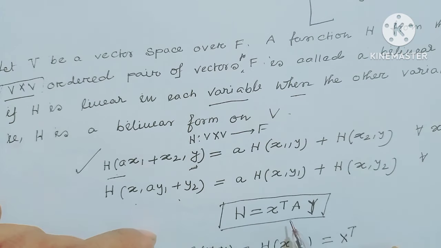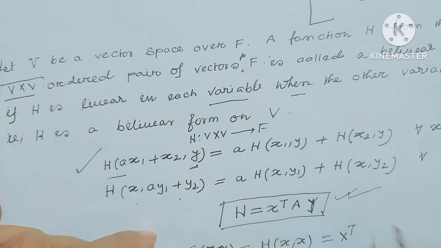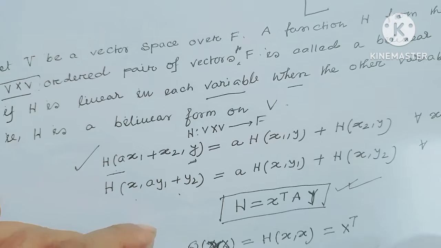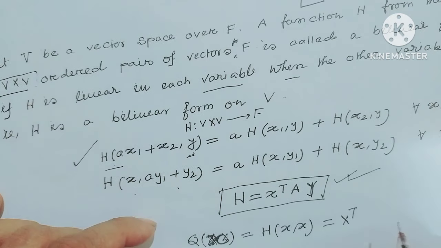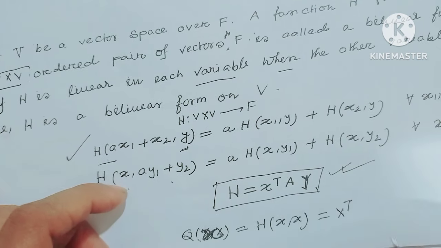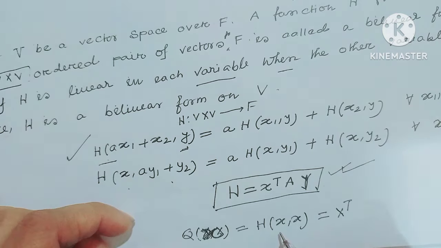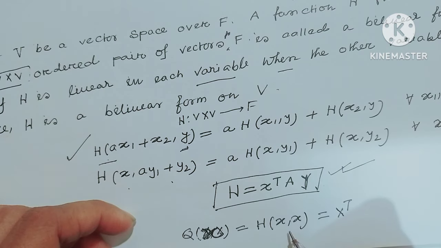Example: A(x, y) = x transpose Ay. This is the bilinear form, and the quadratic form is actually a special type of bilinear form.